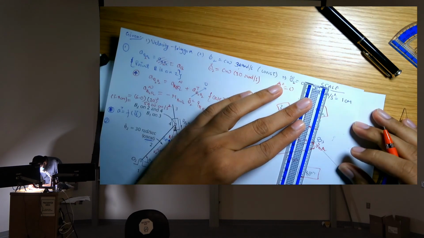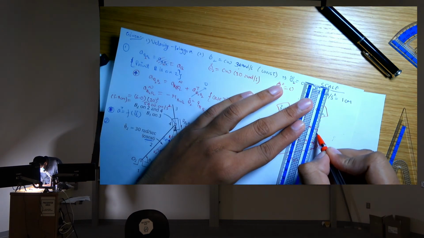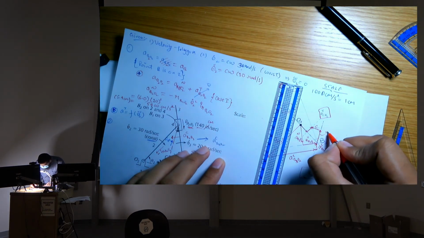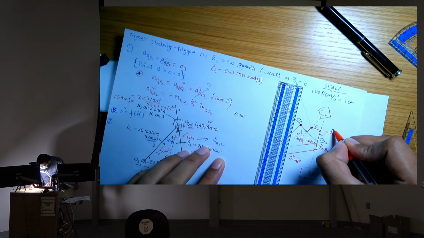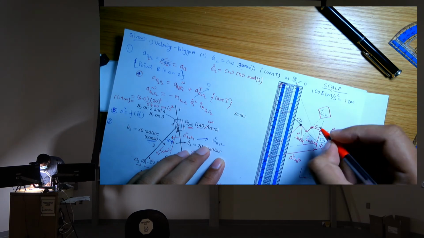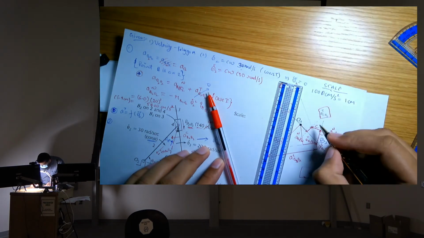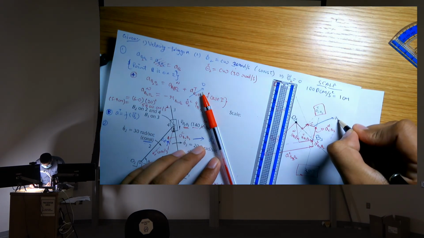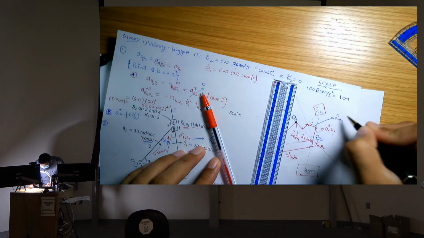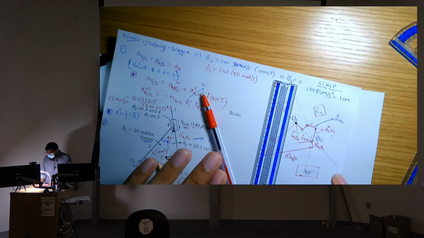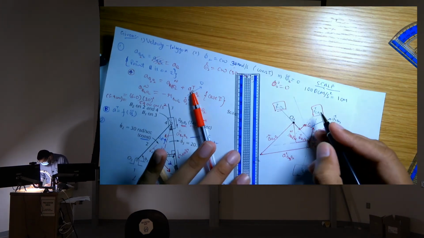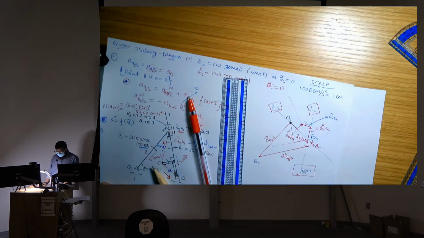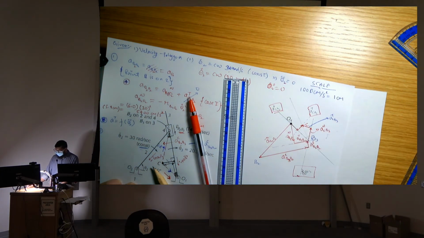Now we can darken for the magnitude. This gives you AC normal B3, and this is your AC B3 tangential. So this completes our acceleration polygon, because now we have completed C.